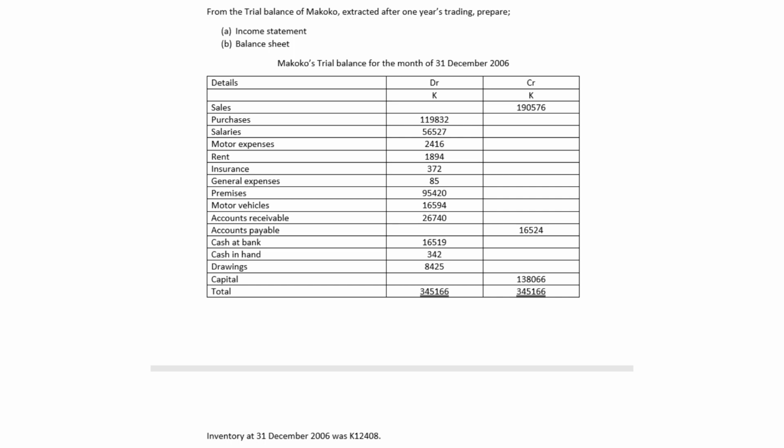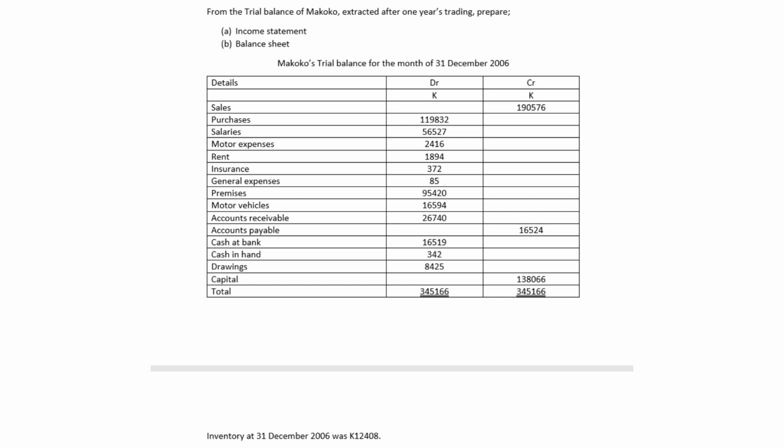Then purchases amounting to 119,834. Salaries amounting to 56,527. Motor expenses amounting to 2,416. Rent amounting to 1,894. Insurance amounting to 372. General expenses amounting to 85.